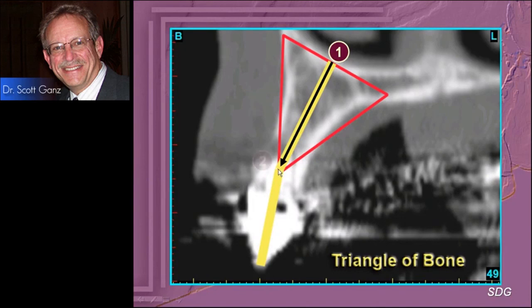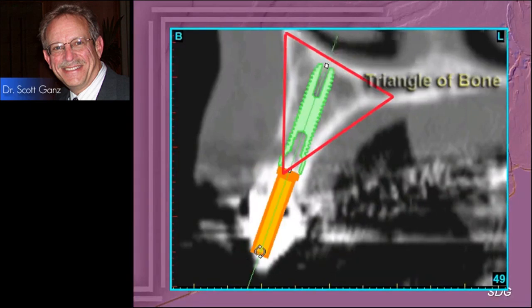So now that we've connected that dot, we can go back, look at the triangle, look at the restorative requirements for this particular area, and place a simulated implant within that triangle. And then we can look at the angulation, the trajectory of the proposed abutment, and determine the prosthetic reconstructive needs to be able to connect the implant to an abutment to support a crown.